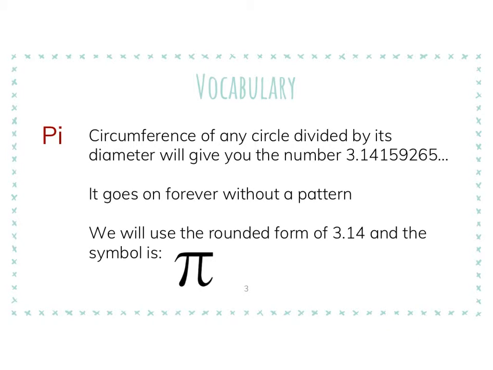So in the exploration, you should have seen that when you divided the circumference, which was the arc length in the gizmo, by the diameter of any of those circles that you created, you would always get the number 3.14159265, etc. This number is special because it does not matter whatever circle you're working with, large or small.